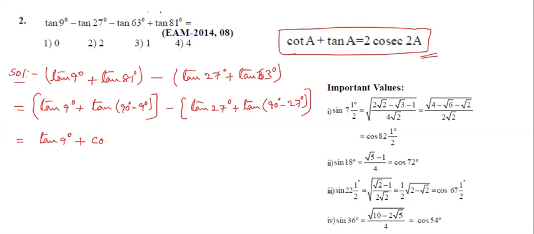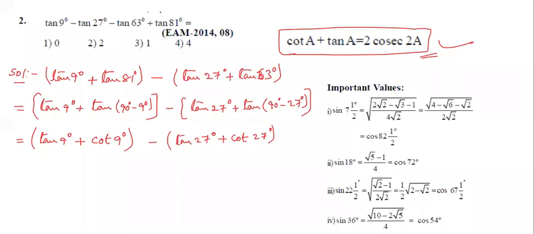At 90 tan is going to change to cot, we get cot 9 degrees, minus tan 27 degrees plus cot 27 degrees. Students, observe this shortcut formula.